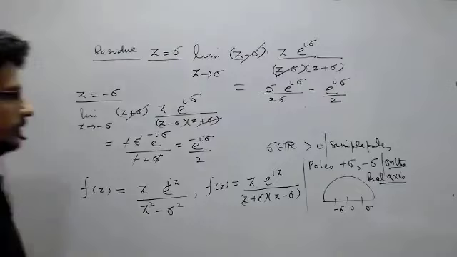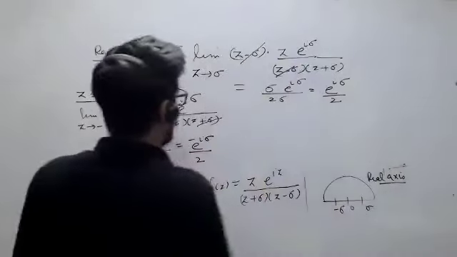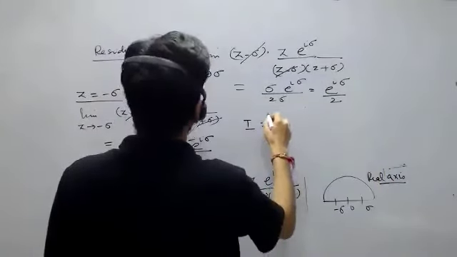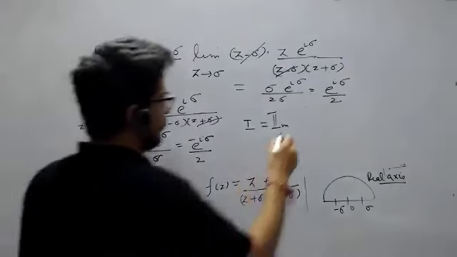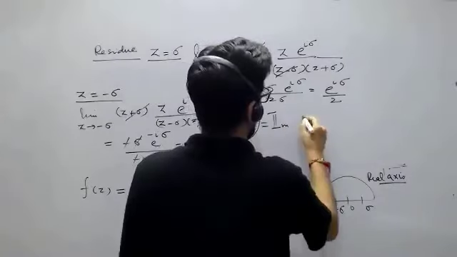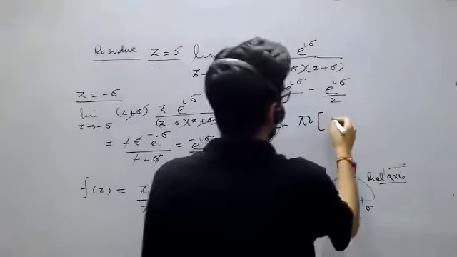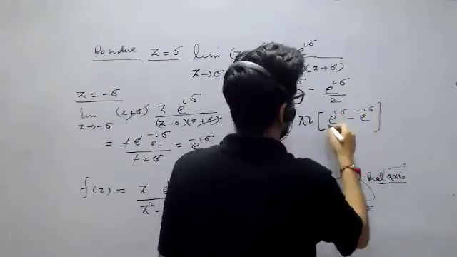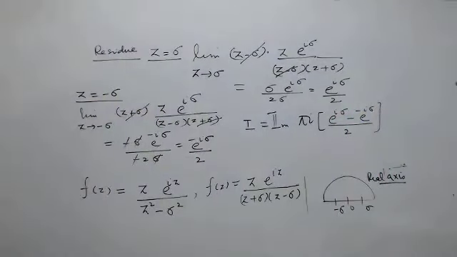Okay. So now finally, what is the value of the integral? That will be imaginary of, you remember? Imaginary of pi i times the sum of residues, and the sum of residues will give e to the power i sigma minus e to the power minus i sigma upon 2. Yes?